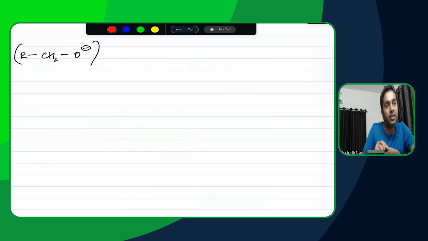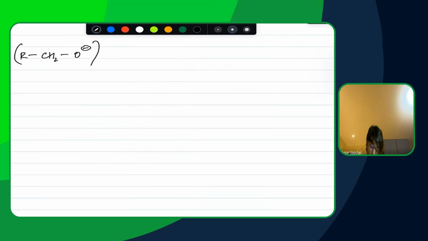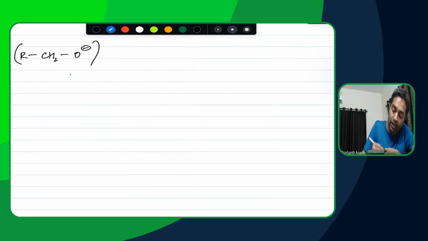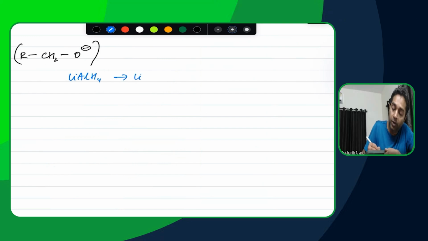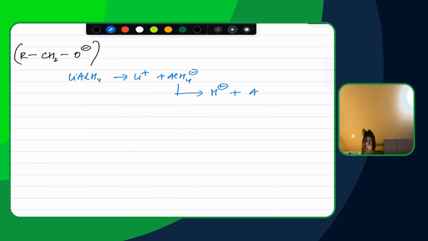What else is present in the medium? The AlH4 simultaneously. LiAlH4 originally broke up to become Li plus and AlH4 minus. Each time the AlH4 minus reacts, it breaks into an H minus and AlH3.